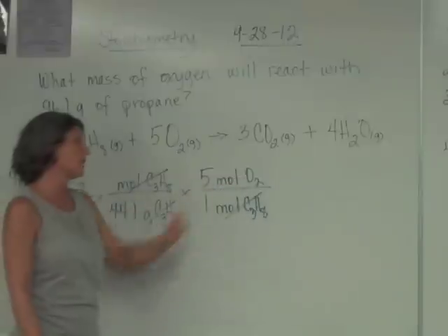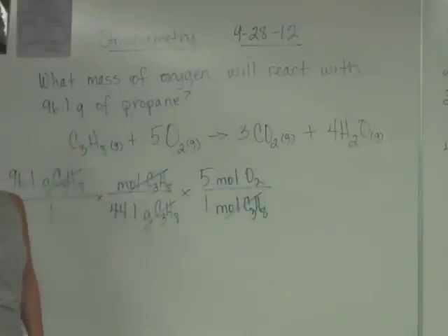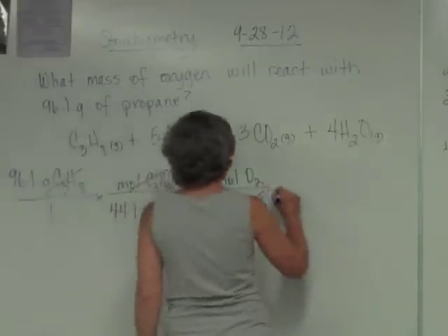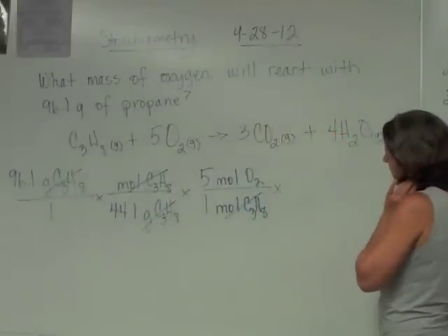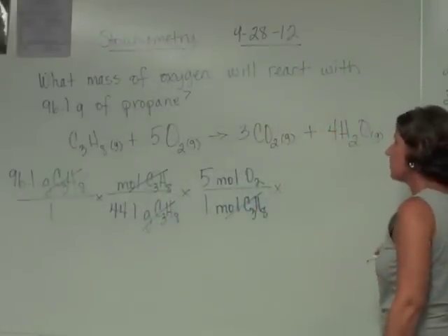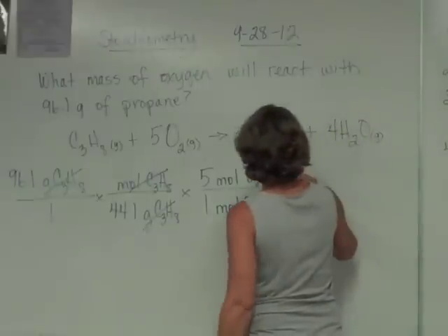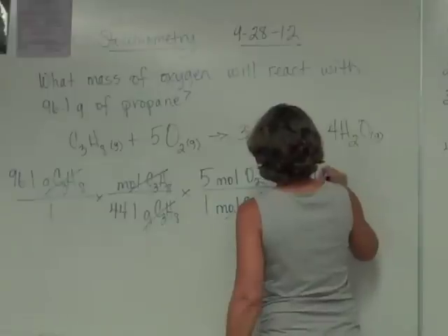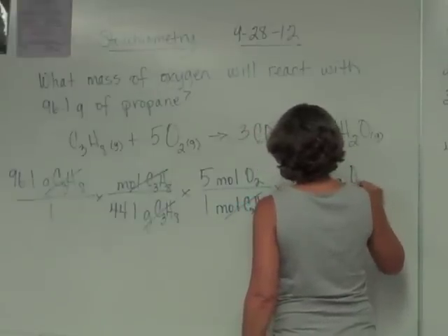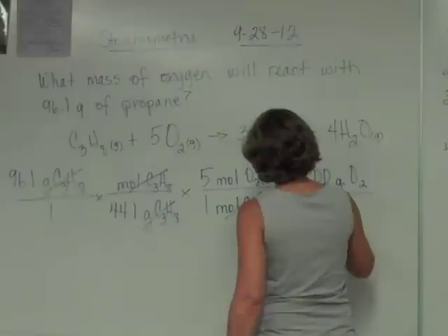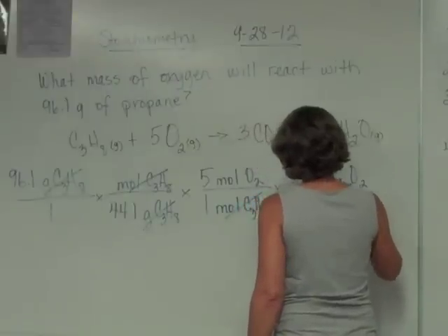So how am I going to change this moles of oxygen to mass of oxygen? I'm going to use the molar mass for O2. And O2 is 32.00 grams of O2 per mole of O2.